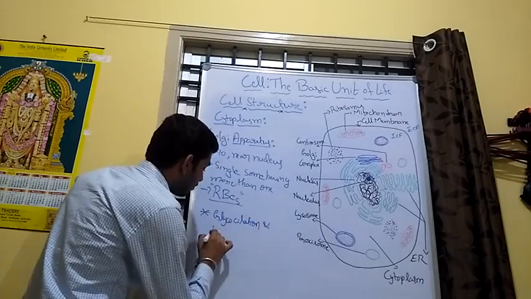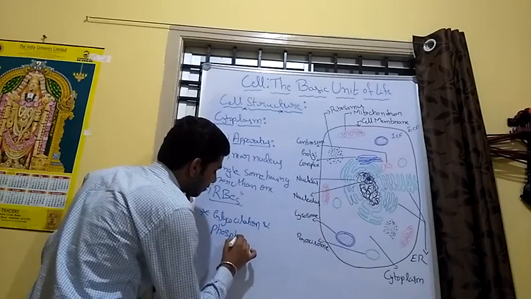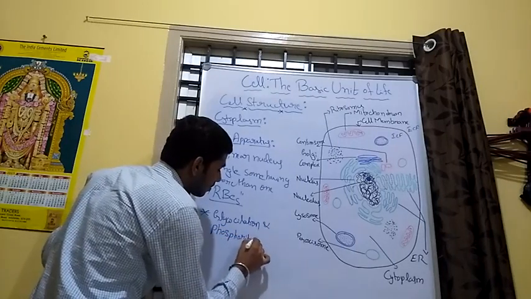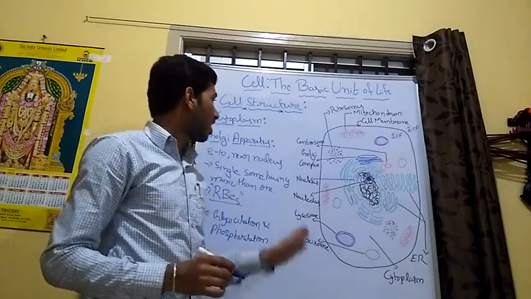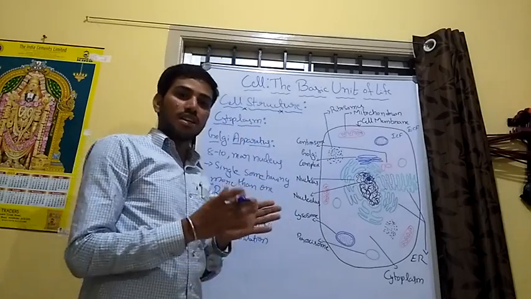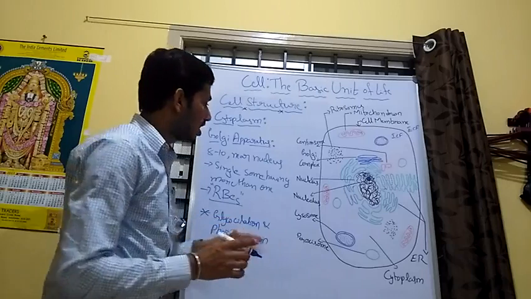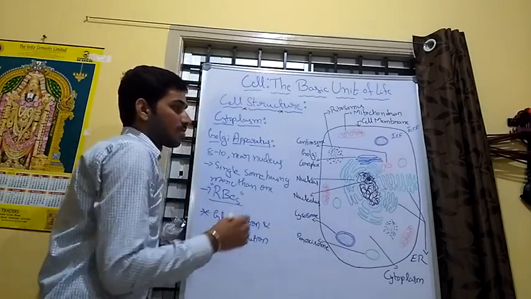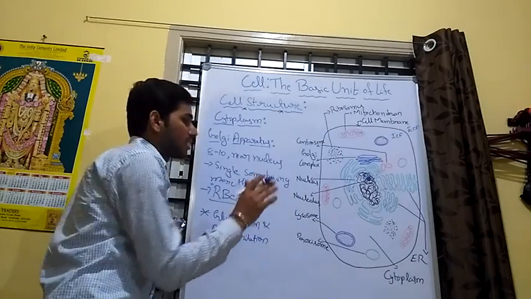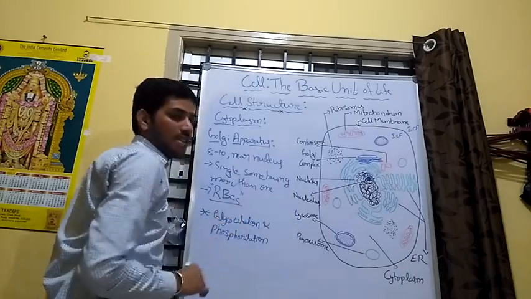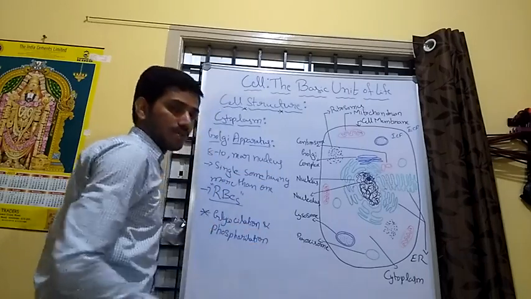and phosphorylation occur in the Golgi apparatus. Some structural and functional modifications occur to the proteins produced in the endoplasmic reticulum, by means of addition of glucose or addition of phosphate.